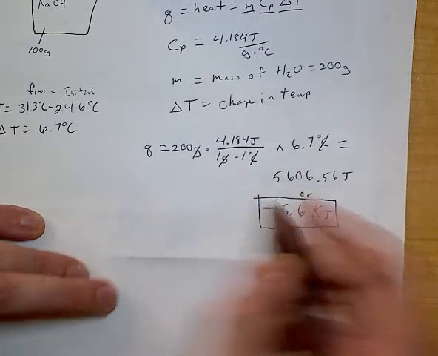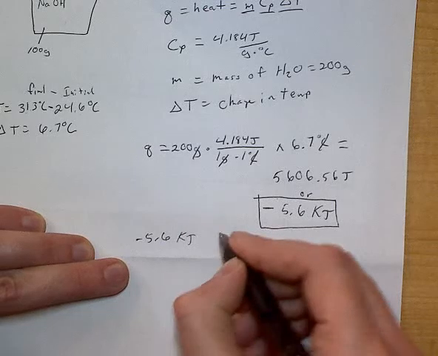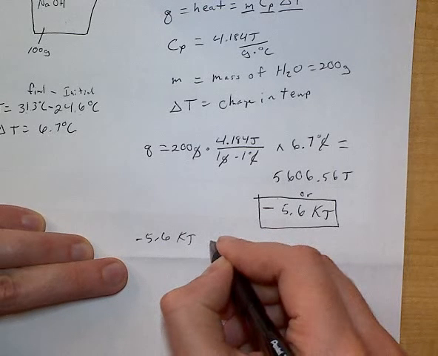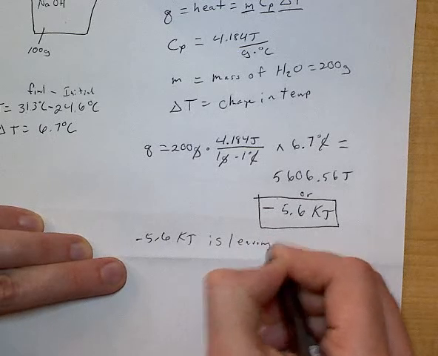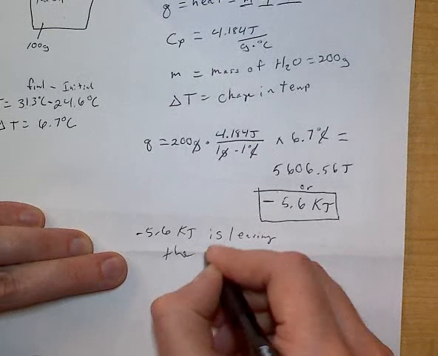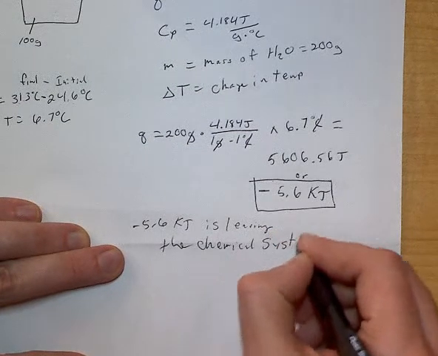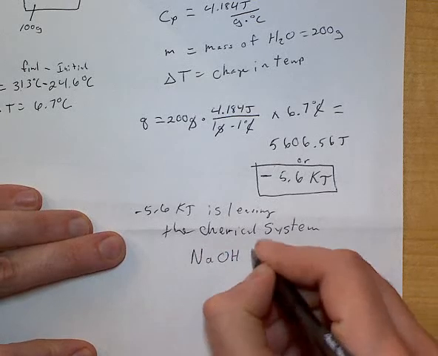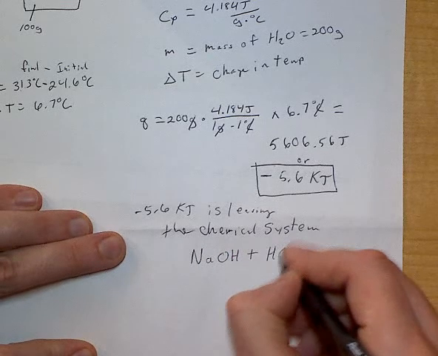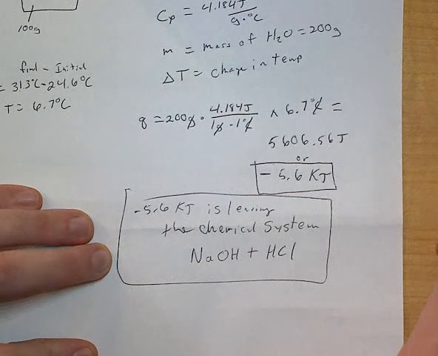So negative 5.6 kJ is leaving. Okay, box our answer, make it easy on the test grader, and we're on our way.